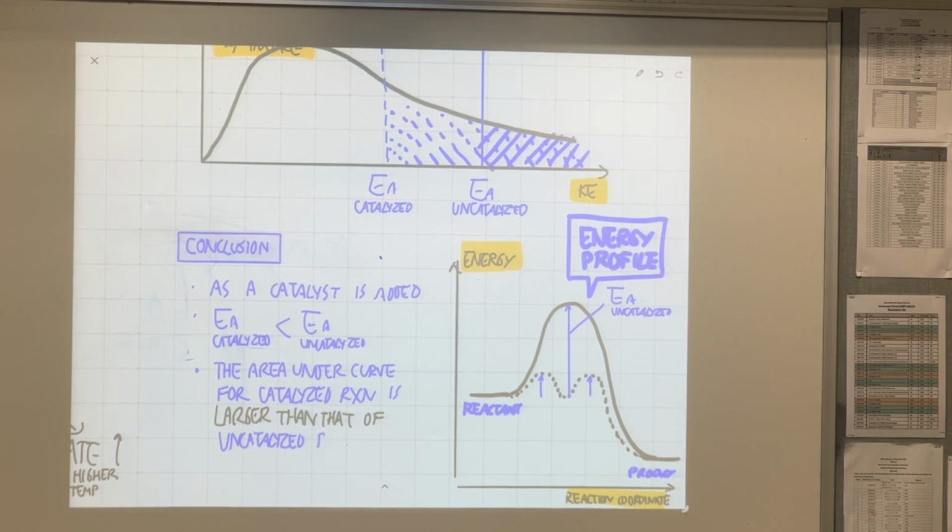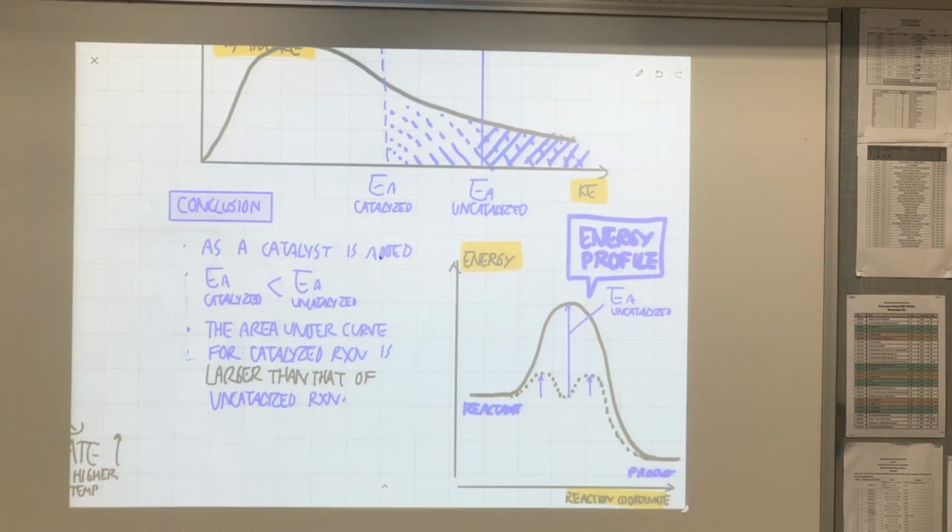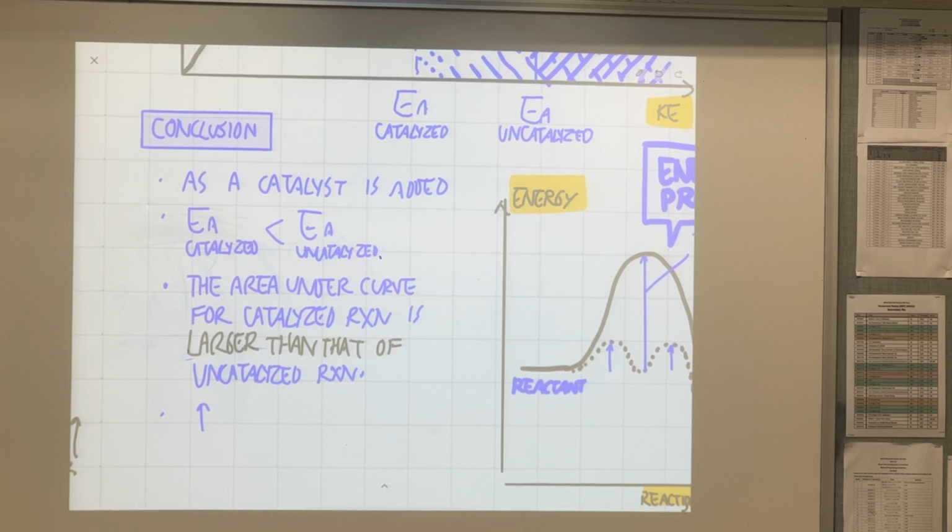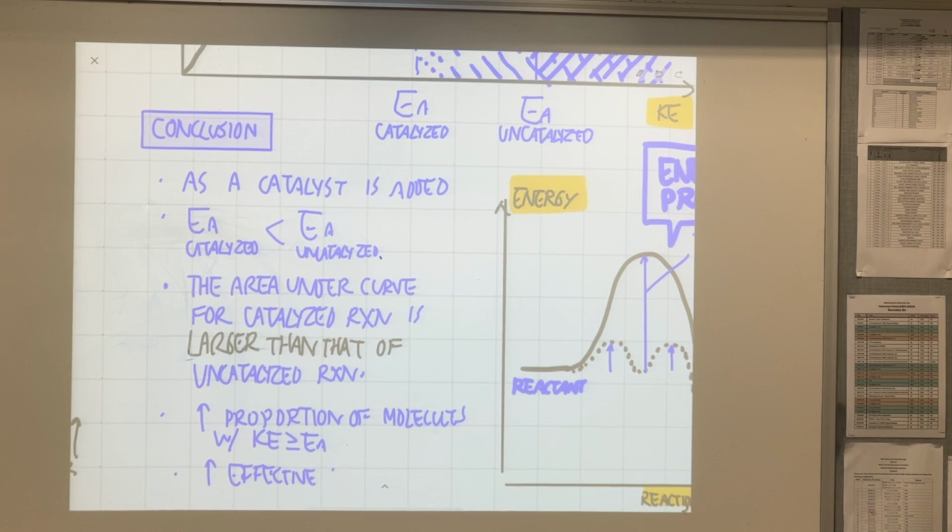So there is an increased proportion of molecules with KE greater than or equal to EA. Therefore, there is more effective collision. And finally, we have an increase in rate.